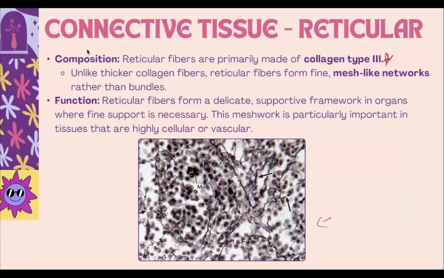These, as the arrows point to, are the reticular fibers, and they form a mesh, like a network. This is good for supporting organs in some places. And an important point to note is that they are vascular, so they do have a blood supply coming to them. Very important to note.